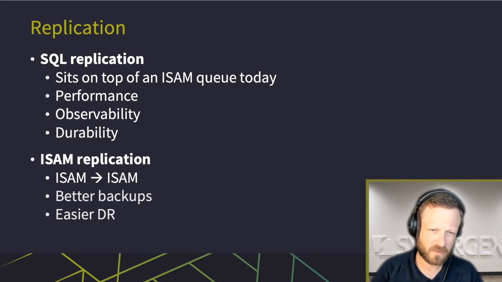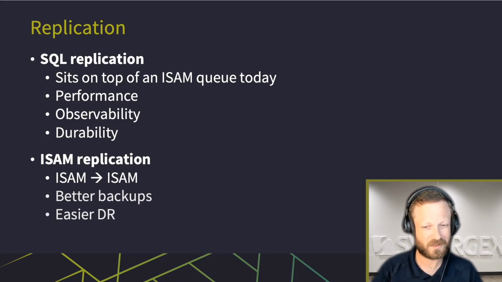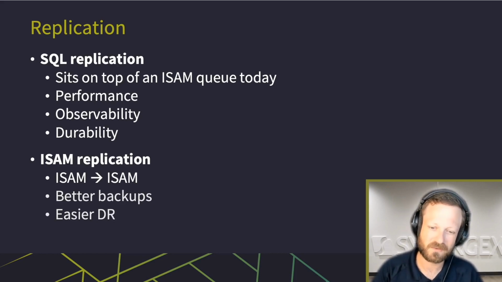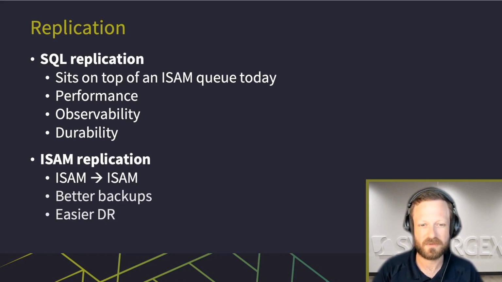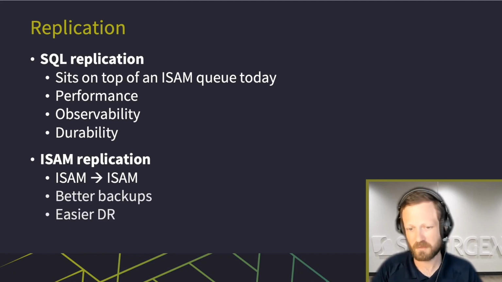So that's SQL replication. Along with this, we're toying around with ISAM replication. So it's like SQL replication, except instead of sending it to SQL Server, you're sending it to a second set of ISAM files somewhere. So this makes backups an awful lot easier because you have very consistent state in your environment on the replicated target.